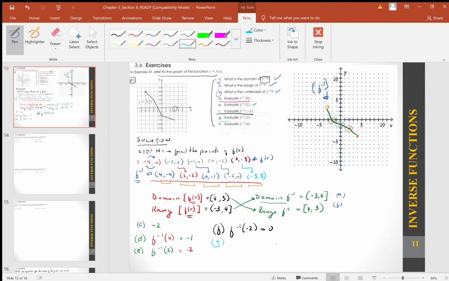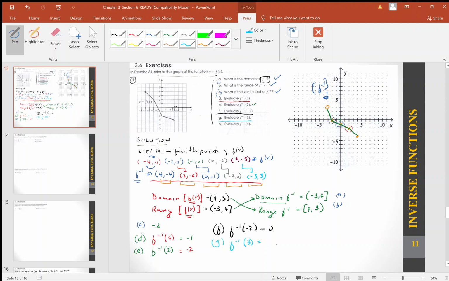Our g is asking us to evaluate the inverse function of 3.